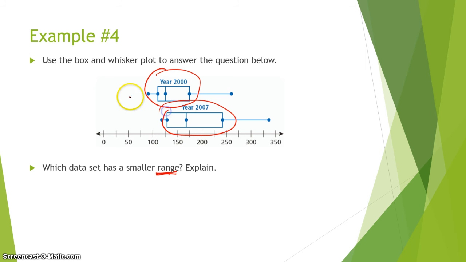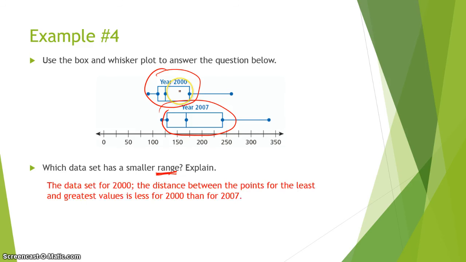So which one has the lower range within the box section? It's going to be year 2000, because the distance between the points for the least and greatest values is less for 2000 than for 2007. So you're looking at those graphs to answer the following questions.